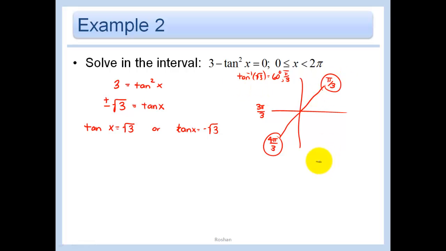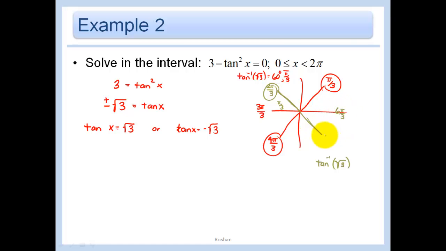And then where do we have that the tangent is equal to negative root 3? Well, the tangent's negative here and here, and of course the reference angle is the same. It's that same pi over 3. So that would lead us to fall pi over 3 short, 2 pi over 3. And then this one, let's see, one whole time around would be 6 pi over 3.